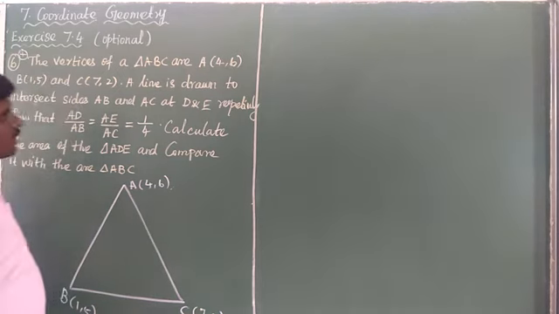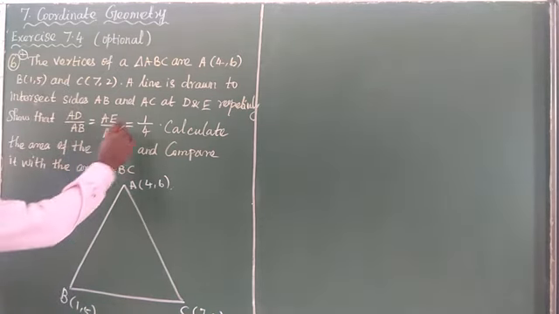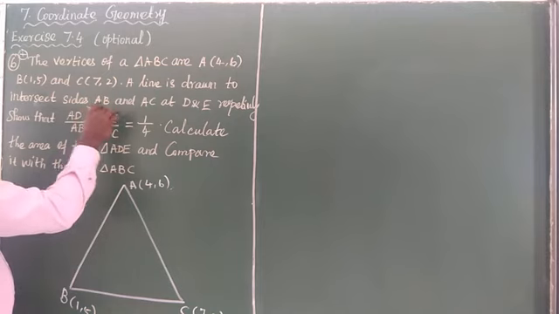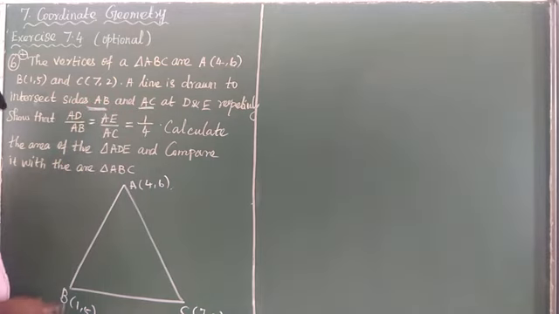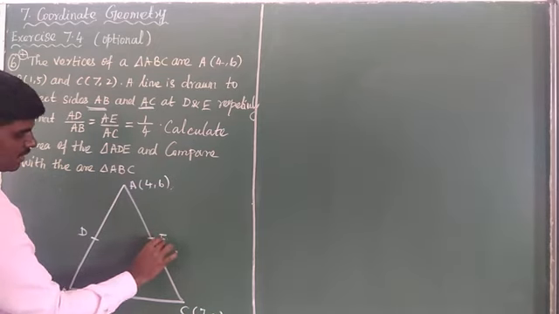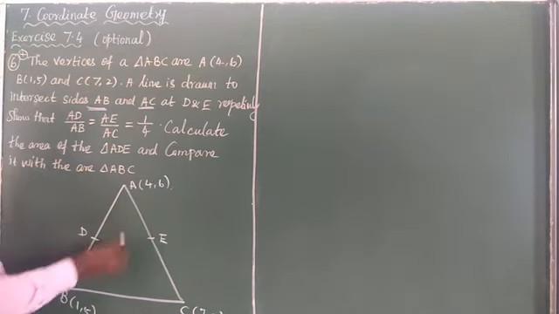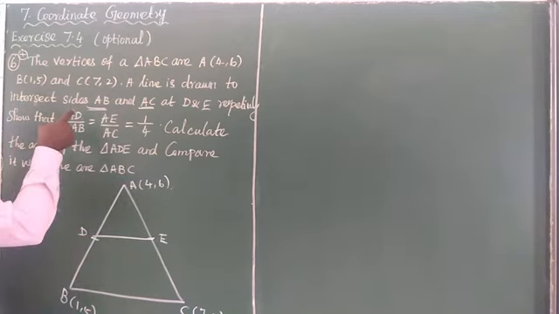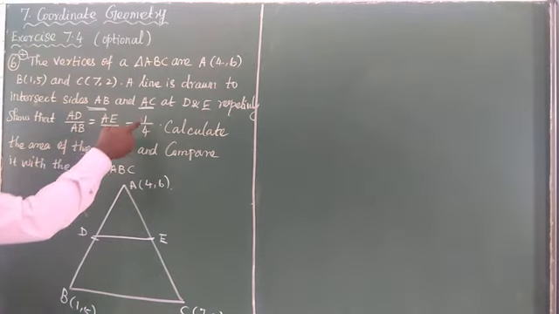Here, a line from the inner side of AB and AC. On AB it intersects at point D, and on the AC side it intersects at point E, respectively. Just draw that line DE.